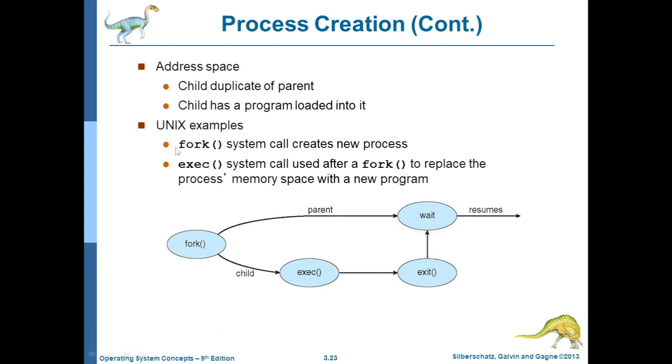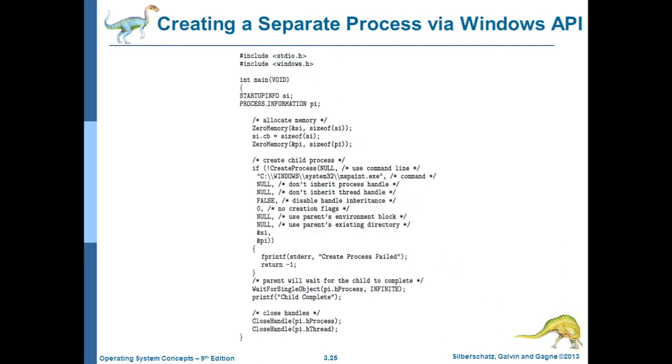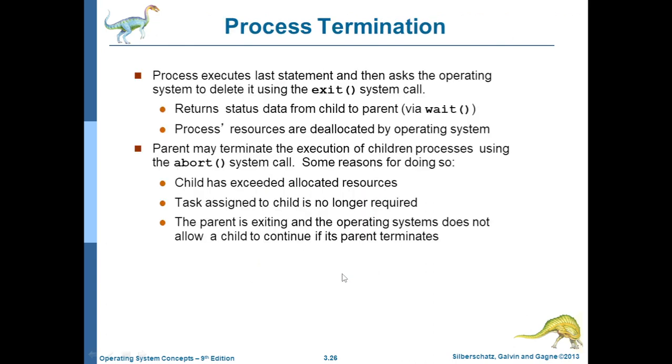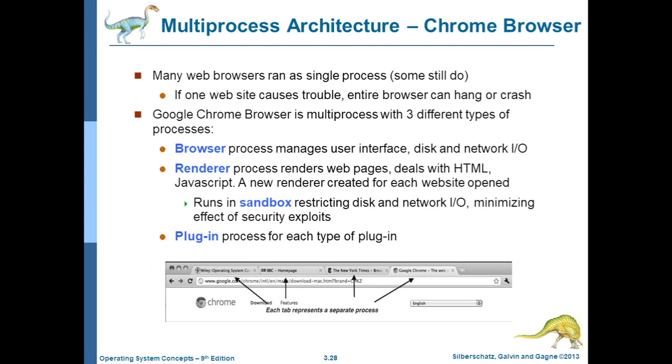In Windows, we use CreateProcess. These are examples of forking a process, and this is an example of CreateProcess in Windows. For process termination, we use the exit command in Linux. In Windows, we call it the ExitProcess command.